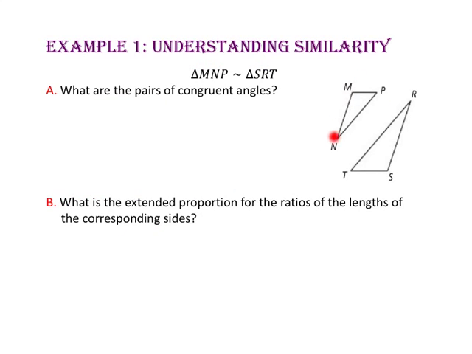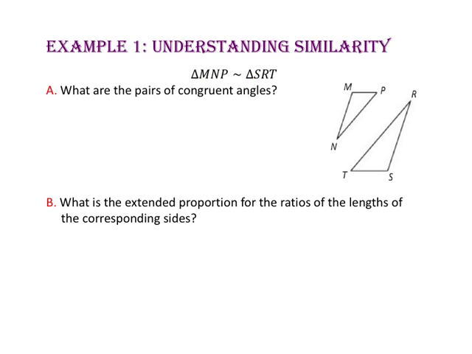Triangle MNP is similar to triangle SRT. What are the pairs of congruent angles? Remember that in similar polygons, all corresponding angles are congruent. So let's take a look at each angle. Angle M is the first angle in the name, and angle S is the first angle in the name of the second triangle.